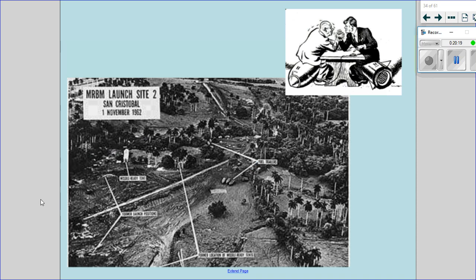The United States had been overflying Cuba regularly with spy planes and taking aerial footage, and so they were able to say that there were medium ballistic missiles at various sites being assembled, and they were able to track all of this.